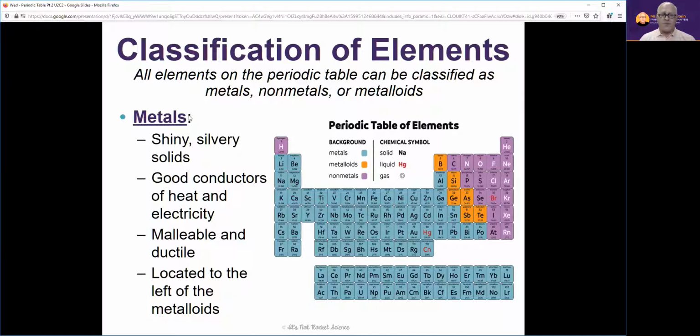Now, you're going to find the metals located to the left of the metalloids on the periodic table. On this periodic table, metals are in light blue or turquoise, metalloids in orange, and nonmetals are in lavender. But there's a lot of metals.